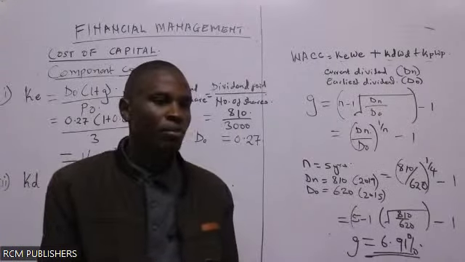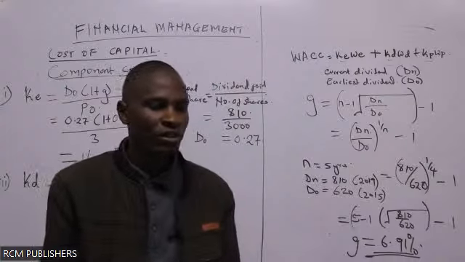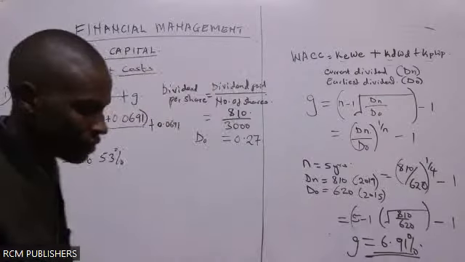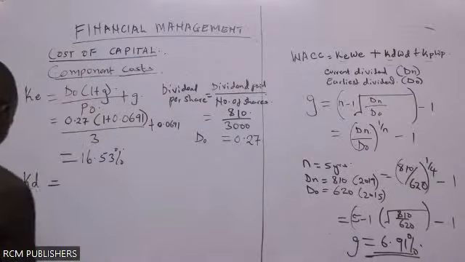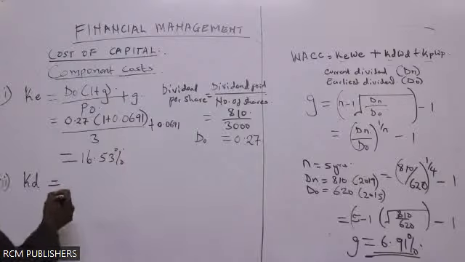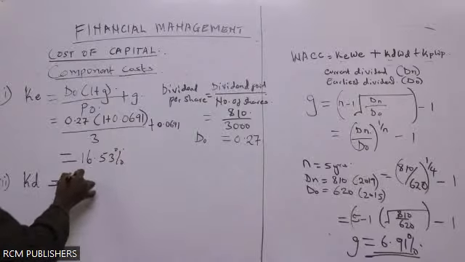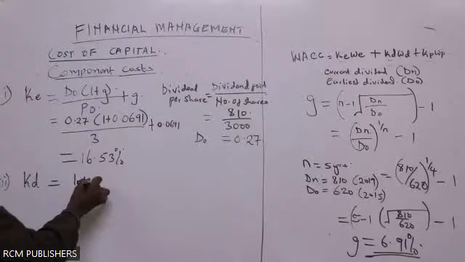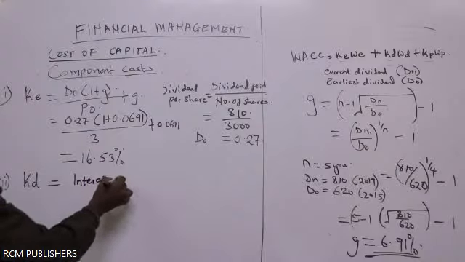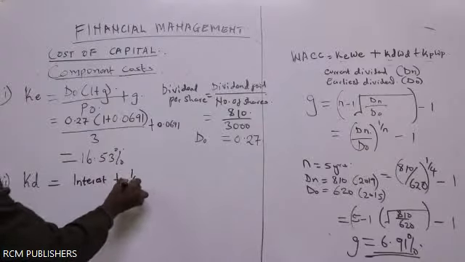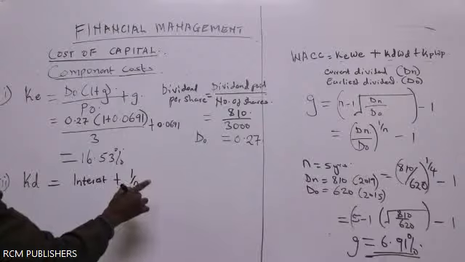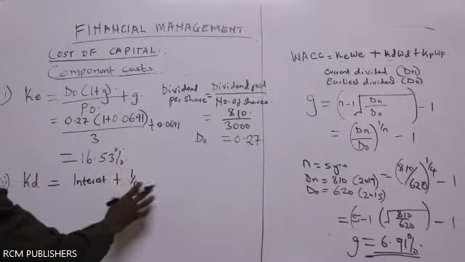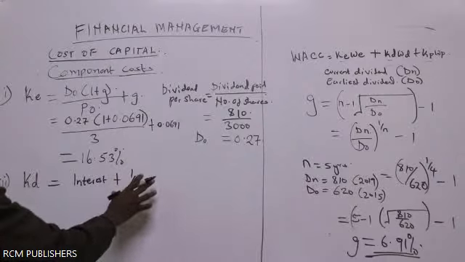So the formula of getting the KD, cost of redeemable debenture. Remember we had interest, and then we add 1 over n, number of years. When you're given number of years, you use this formula.